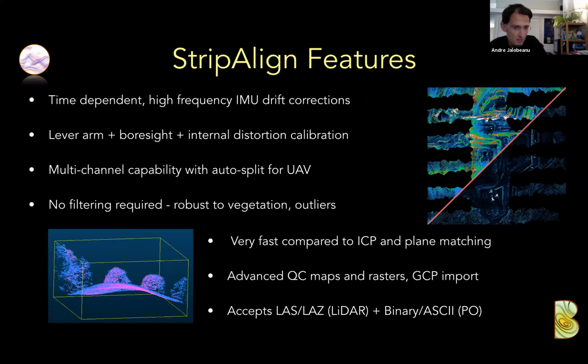It doesn't need built up areas or targets or anything like this. It outputs a lot of advanced QC maps and rasters, and also uses GCP to improve the absolute vertical accuracy. It accepts LAS formats, and for position and orientation data, all the major vendor formats, including ASCII, which is very flexible.